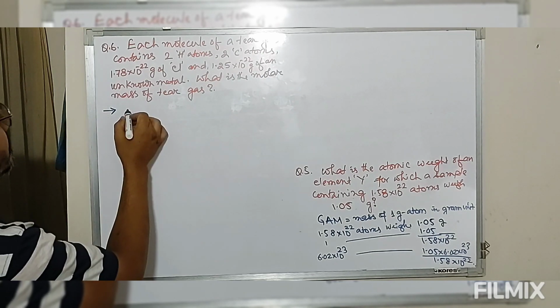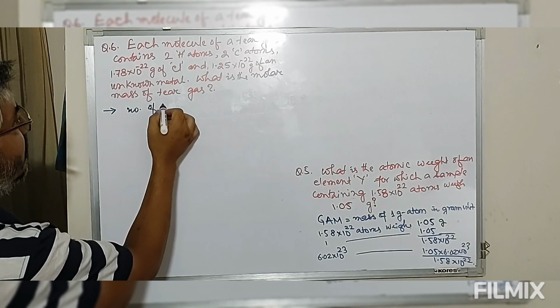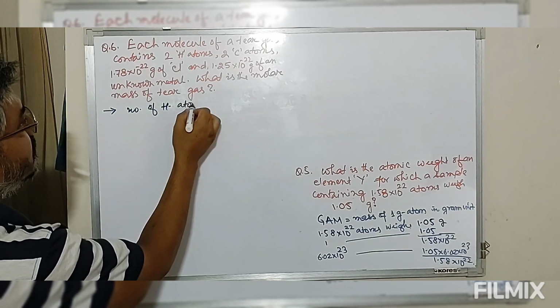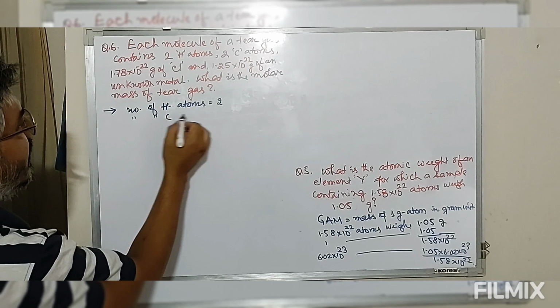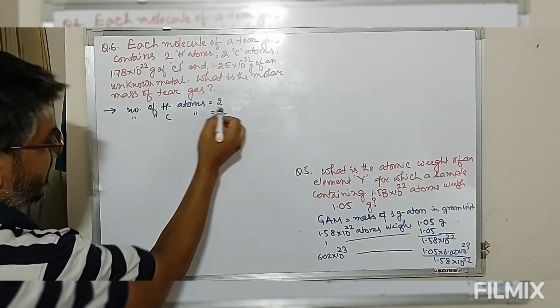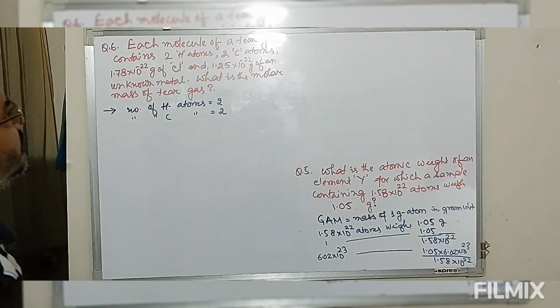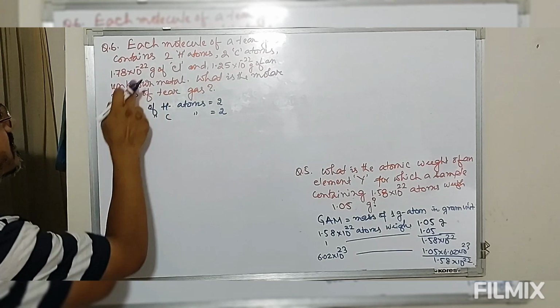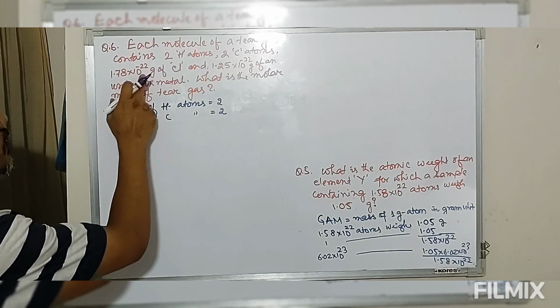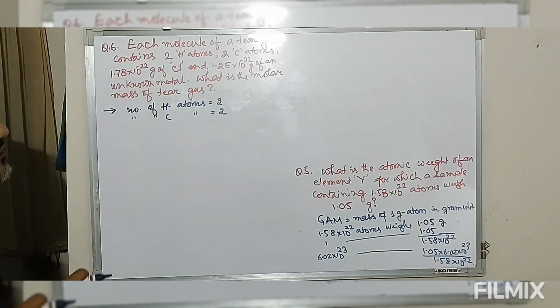So look at this, the number of hydrogen atoms is already given as 2. The number of carbon atoms is also given as 2. Now we have to find the number of chlorine atoms. The total mass of chlorine present in the formula is given.